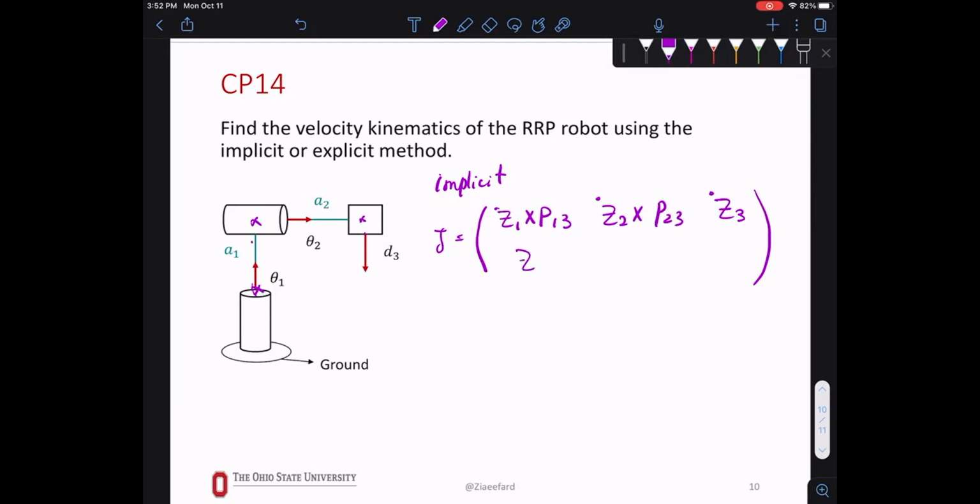Then for this one, I'm going to just write J omega so you can try to find J omega yourself. So either use the implicit or the explicit method, where J is the partial of PE with respect to theta 1, partial of PE with respect to theta 2, and PE with respect to d3.